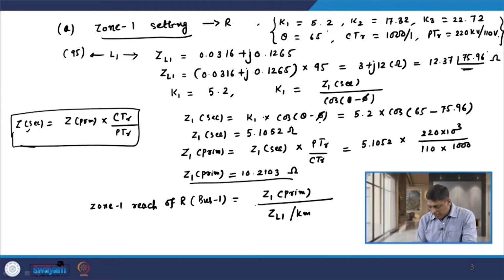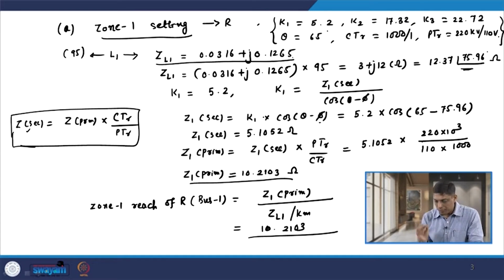So we know that Z1 primary is equal to 10.2103, which we have already calculated, and we divide by ZL1 per kilometer, that is 0.0316 plus j0.1265.